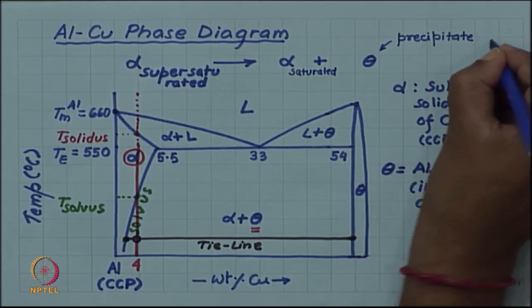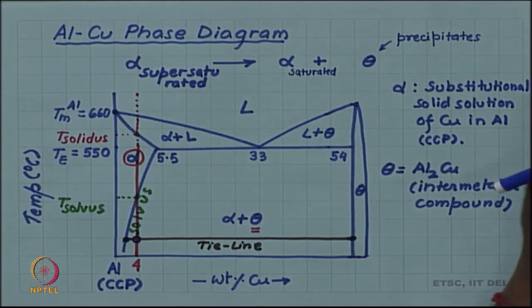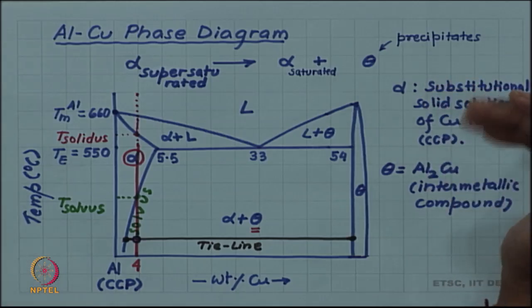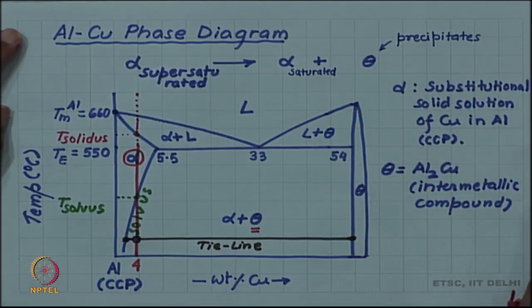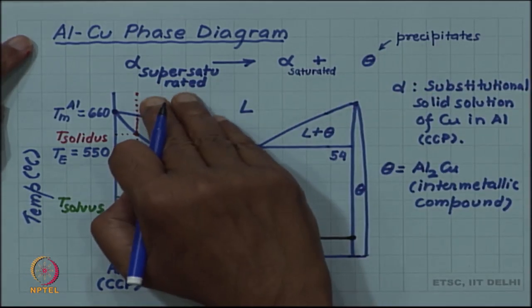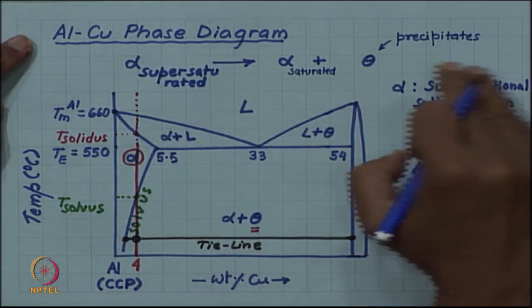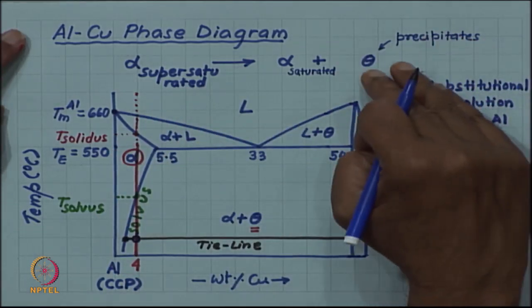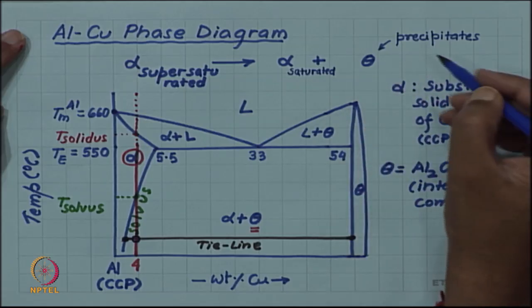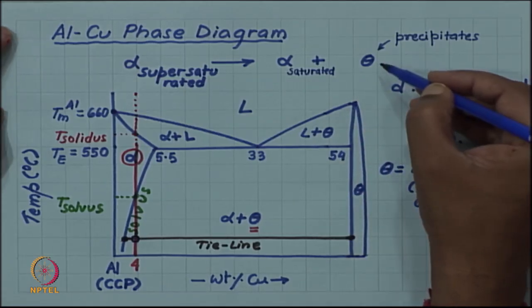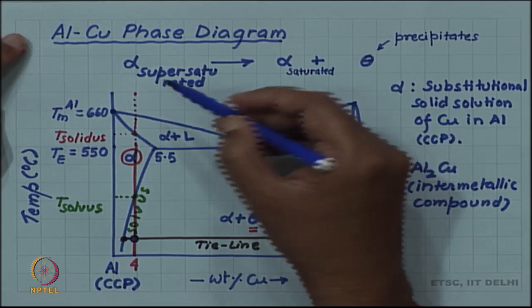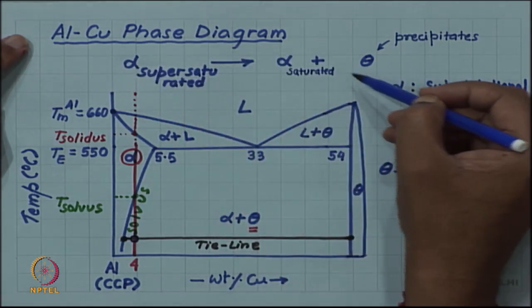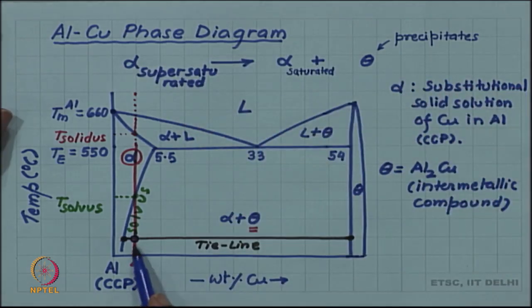So, this is a solid state precipitation, just like when you mix two liquids and if a solid comes out, that is called precipitation. Here a single solid phase decomposes and gives you another new phase, which is called the precipitate theta, and the original phase adjusts its composition and goes from supersaturated to saturated.